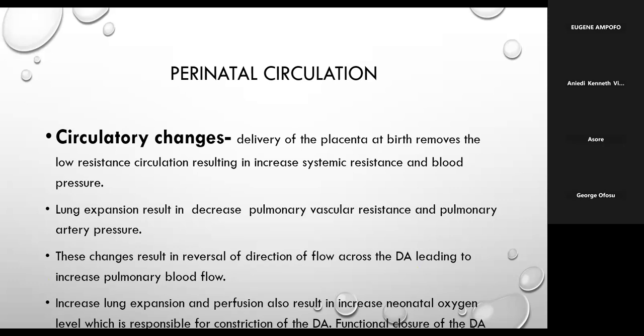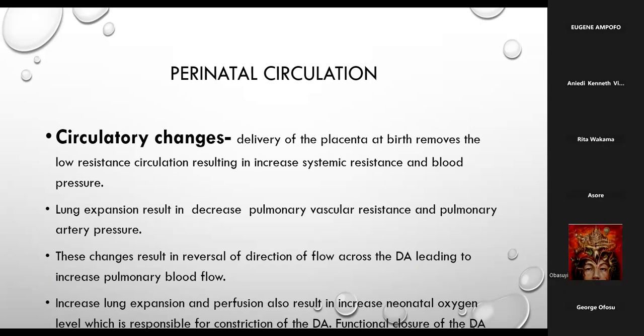And that means that the blood supply to the lung will be increased, now that the lung has expanded. There is increased oxygenation. The increased oxygenation contributes to dilatation of the pulmonary vasculature and constriction of the ductus arteriosus.